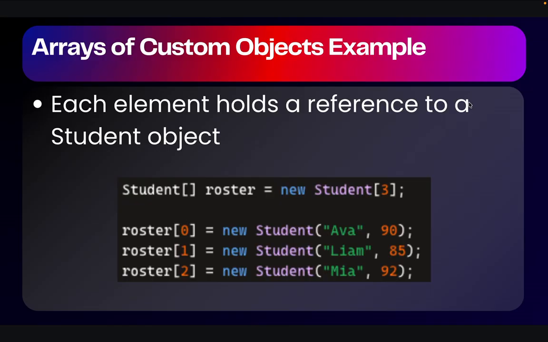At the second position of roster, we want another student named Liam, and so on and so forth. So it does not have anything in the custom objects array until you assign the new object to the specified index, like this example. So yes, you can do it, but you have to remember how to use it properly.